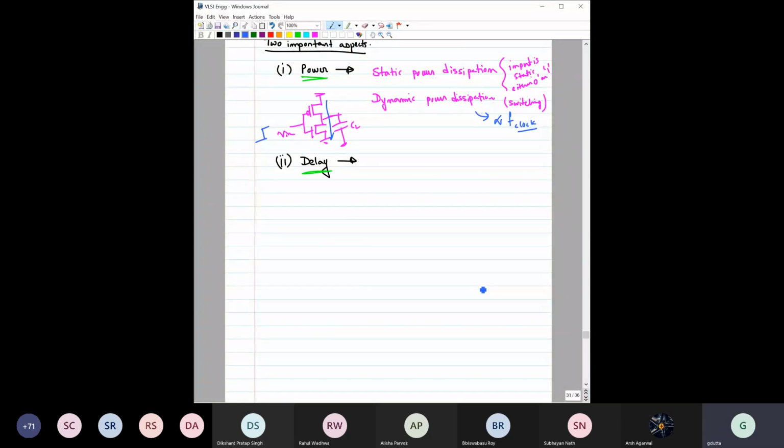So delay, you have understood that if I give some input here, when you get the output at the output side, there will be some time gap. Suppose this is the input and this is the output.